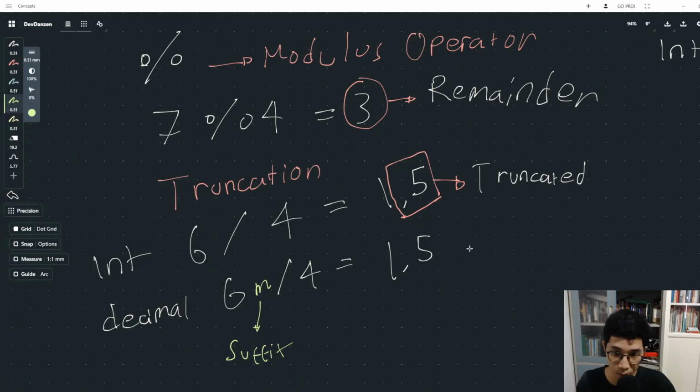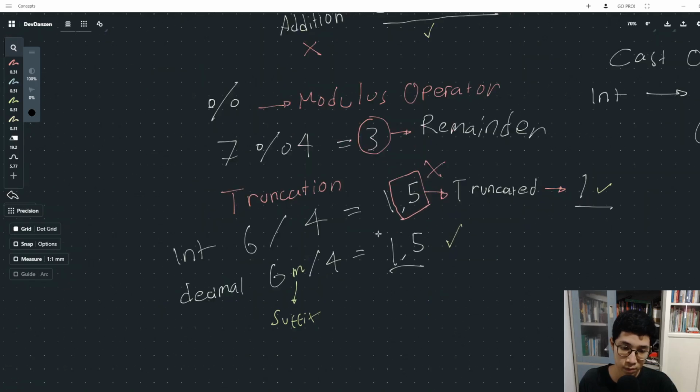This will work perfectly, but this one will truncate it to 1 only. This one will not work as expected, but this is the result because of integer. So that's it. Did I miss something else?